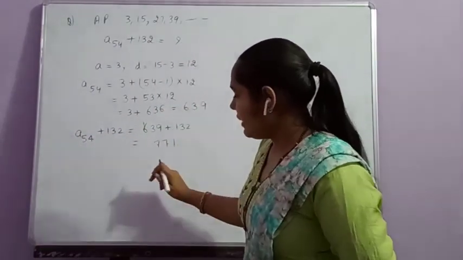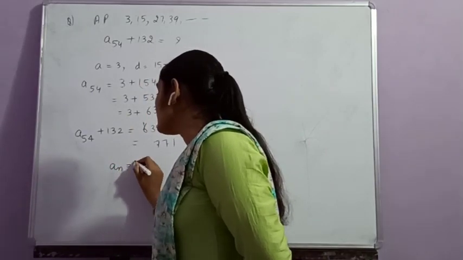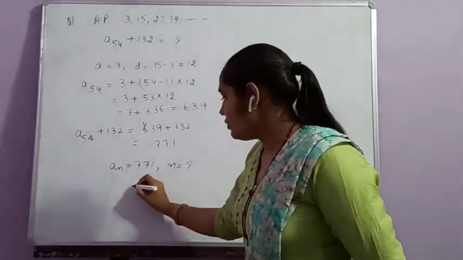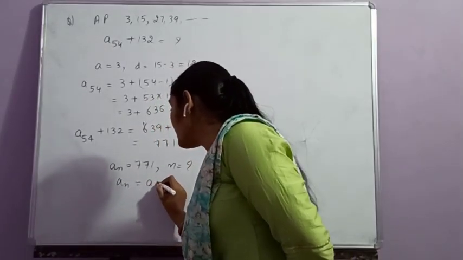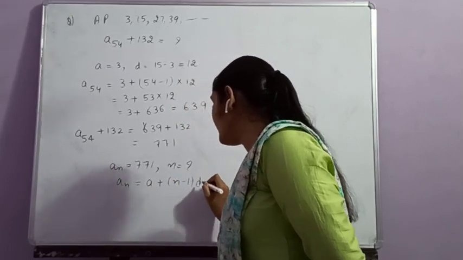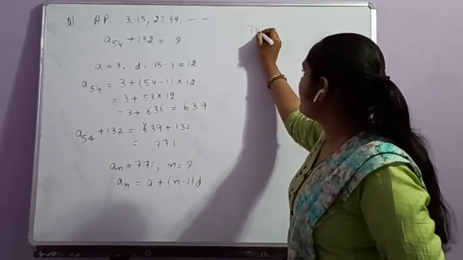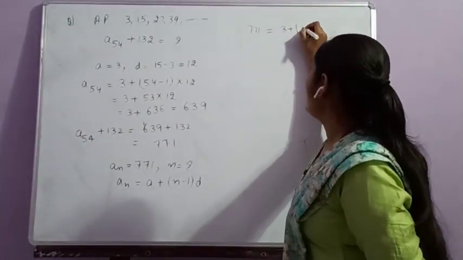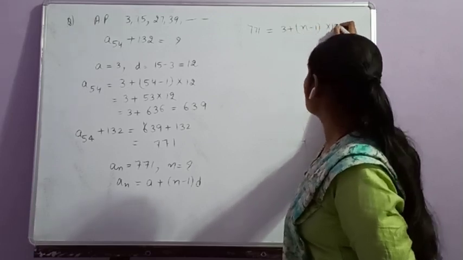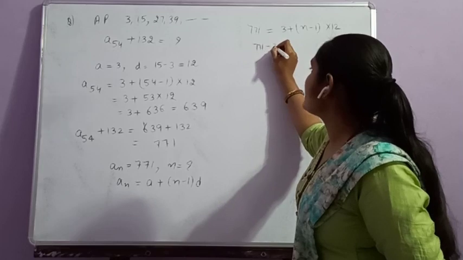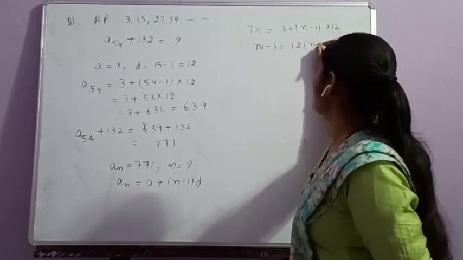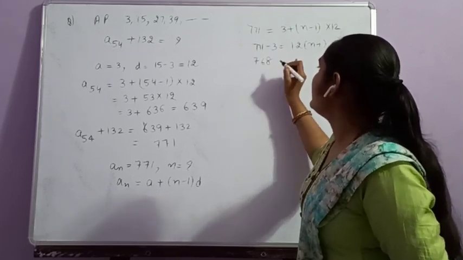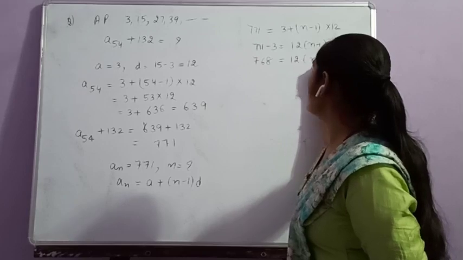So the value of An is 771 and we have to find out the value of N, and we know that the formula for An is A plus N minus 1 into D. Then An is 771, that is equal to A, A is given to us, that is 3, plus N minus 1 into D, that is 12. 771 minus 3 is equal to 12 into N minus 1. 768 is equal to 12 into N minus 1.